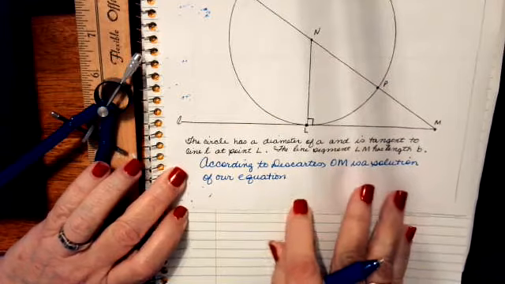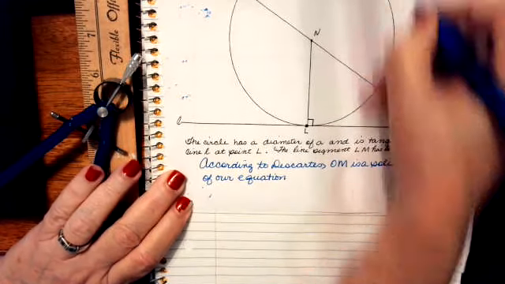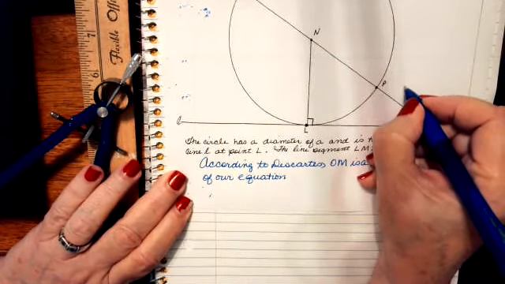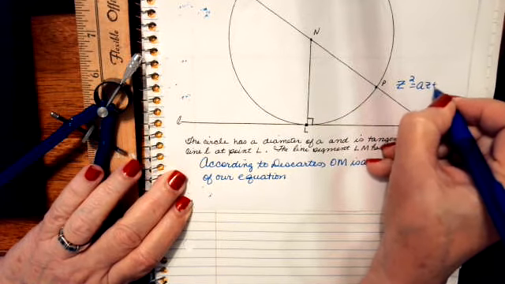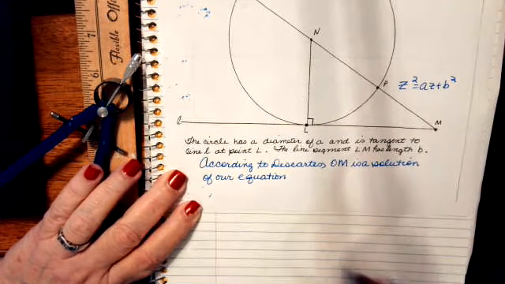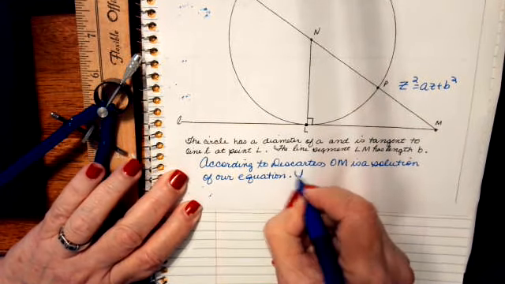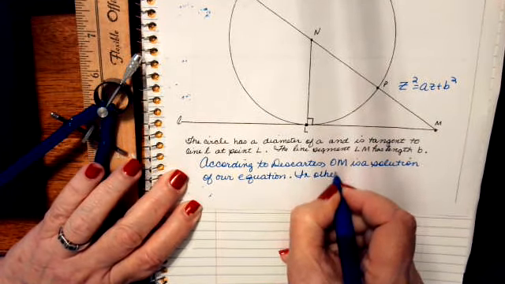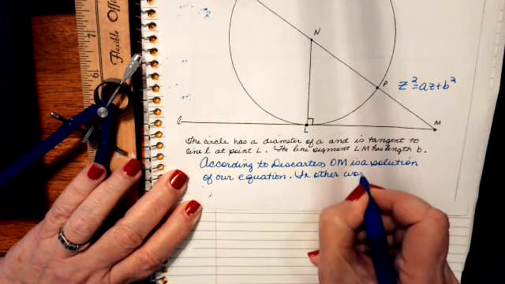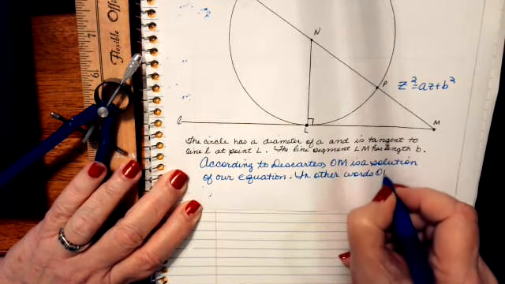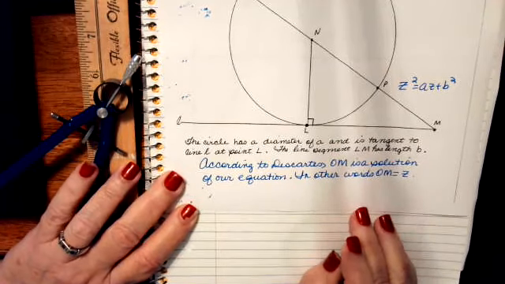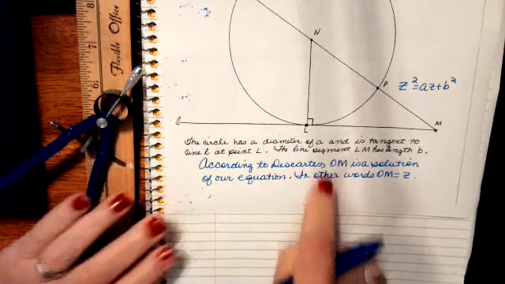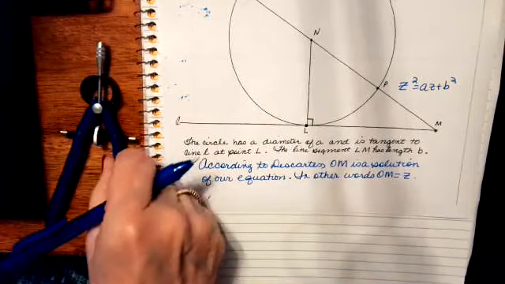All right, remember the equation? You can't see it up here, so let me write it right here where you can see it. Z squared equals AZ plus B squared. In other words, OM equals Z.